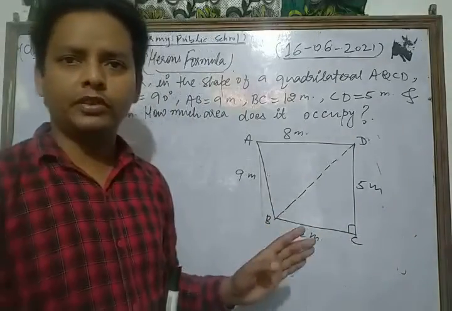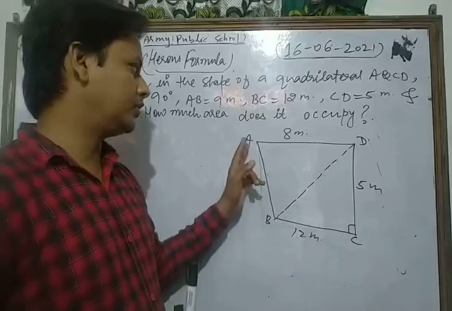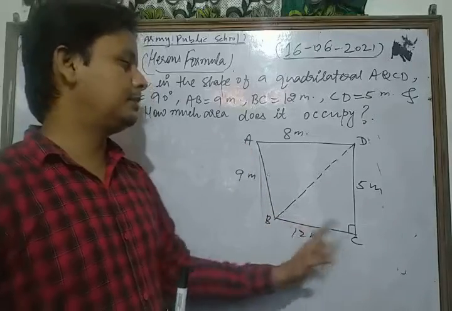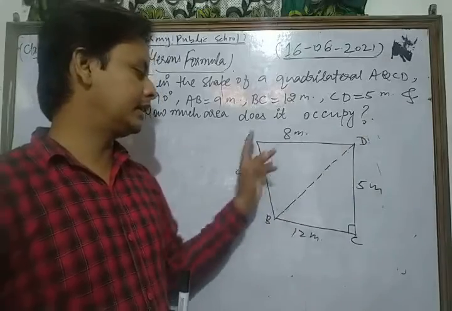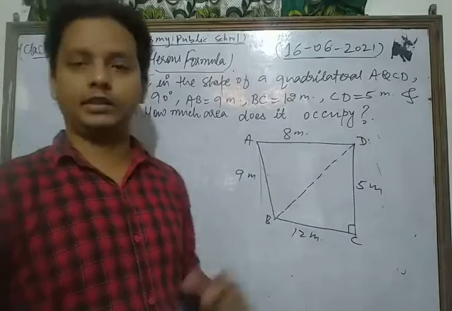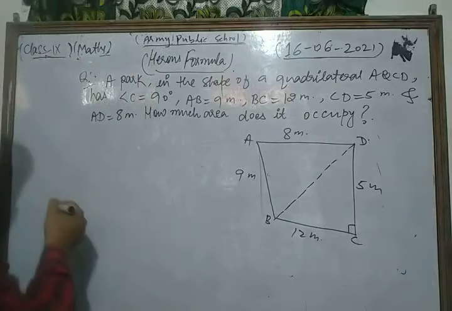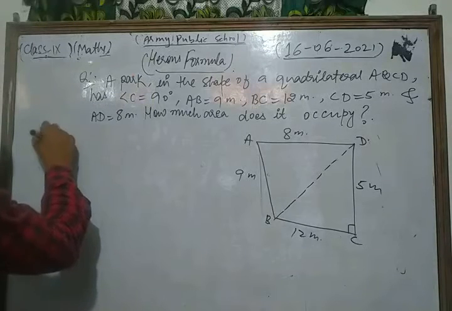So dear friends, from the figure it is clear that the area of the quadrilateral park ABCD is equal to the sum of the areas of triangle BCD and triangle ABD. So from the figure, let's see its solution.